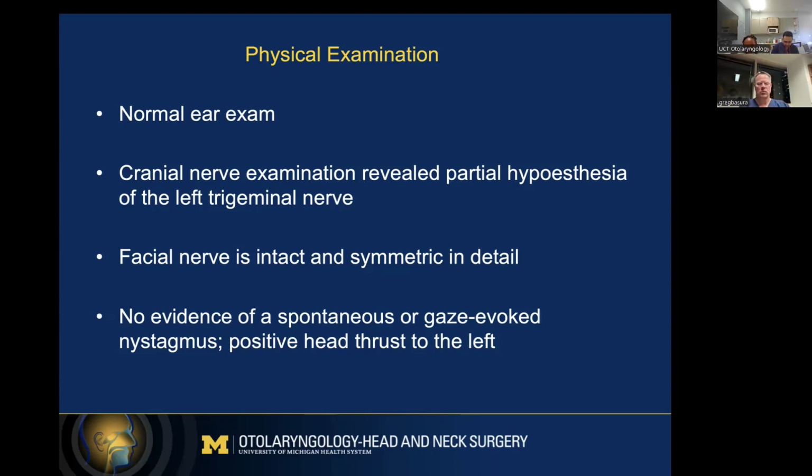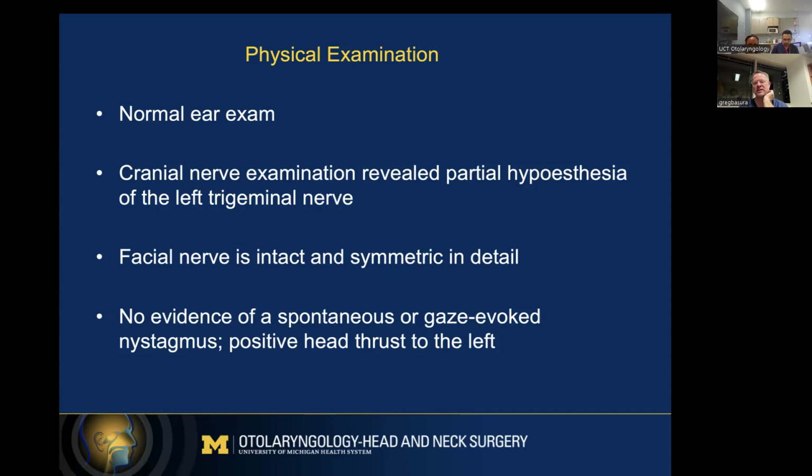So what can you say? What kinds of things can you conclude from a positive head thrust test in the clinic? Or what can't you say? So obviously there's some element of a vestibular loss, a peripheral vestibular loss, right? But what structures are you limited in concluding at that point?